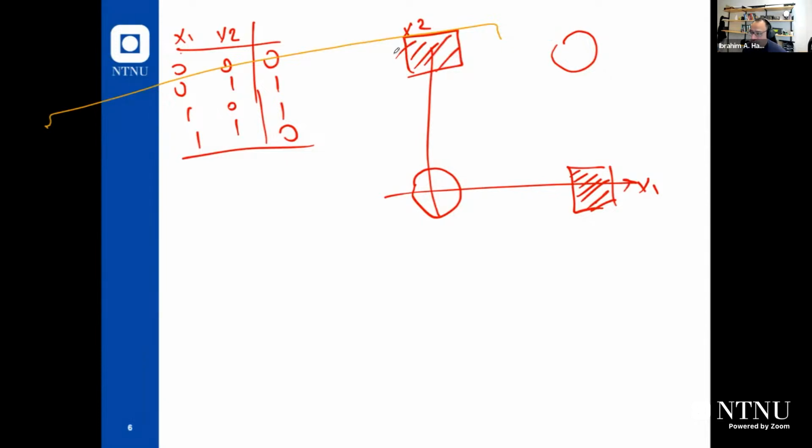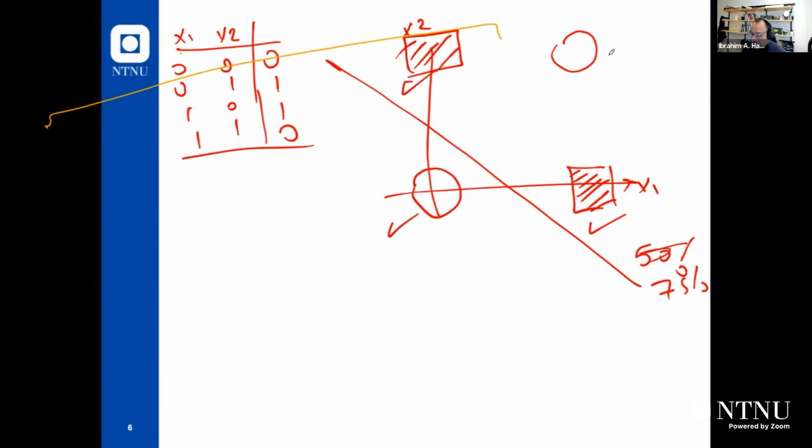So this is our problem, right? We need to find a line which will classify it. As I told you, if you select a line like this one, the accuracy will be 50%. No, this one will be 75% accuracy, because this one will be correctly classified, this one correct, this one correct, this one wrongly classified. But you will not be able to achieve 100% accuracy.